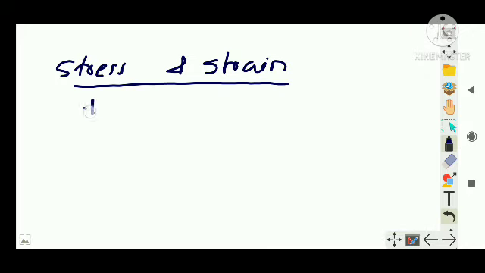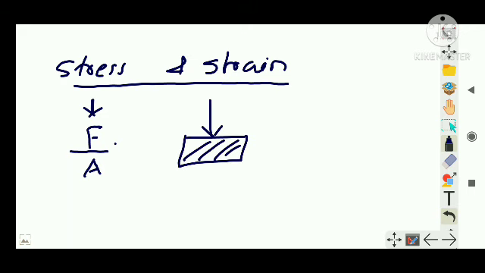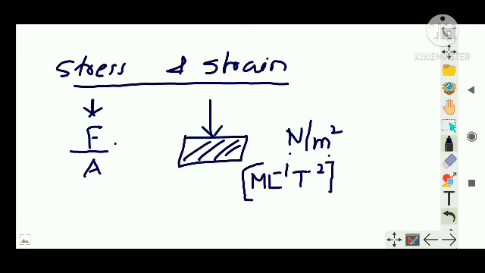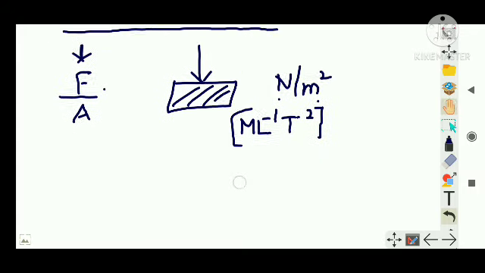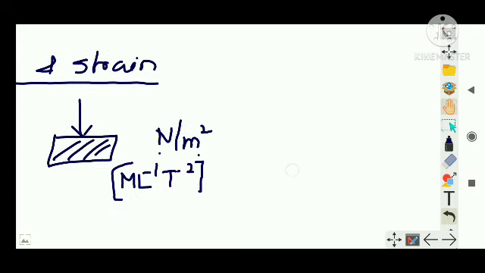Clear? And usually this force is applied, suppose this is a cross-sectional area, normal to this cross section, right? That's why the unit of stress is newton per meter squared, and its dimensional formula is M L raised to minus 1 T raised to minus 2. Very easy, right?